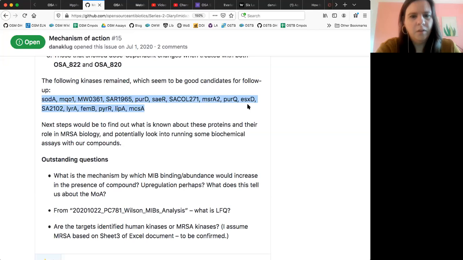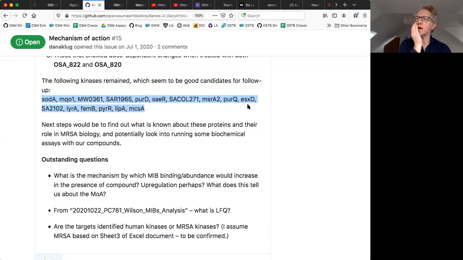That I don't know. And we need to figure out whether, if these are human kinases, it's going to be a bit more complicated, or whether they've actually gone through and looked at what's known about MRSA and the kinases that it expresses, and done it based on that.